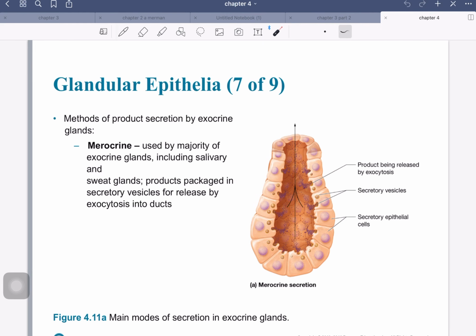The next thing we could have a look at is the concept of merocrine. Now, these are interesting ones. This is an exocrine gland. Merocrine is used by the majority of exocrine glands, things like salivary and sweat glands, and what happens is the products are packaged in secretory vesicles for release by exocytosis into the ducts.